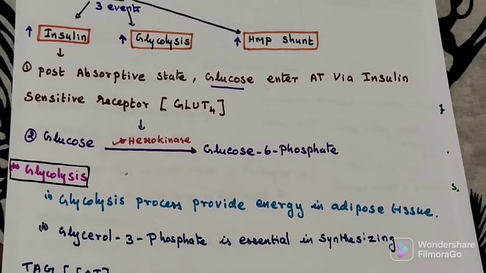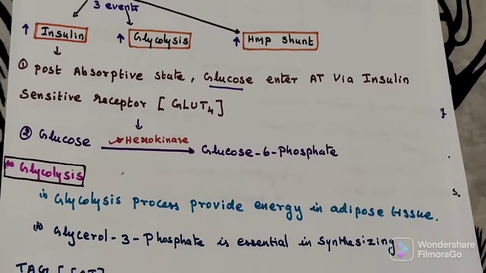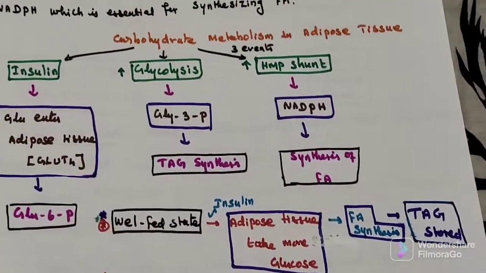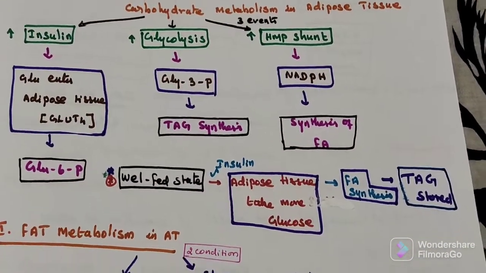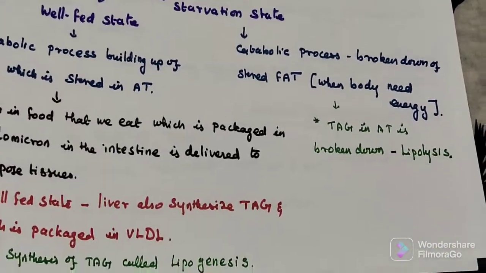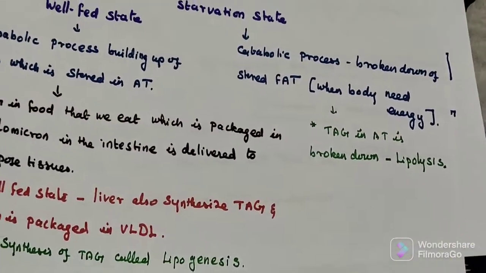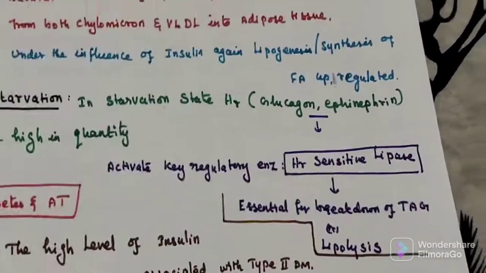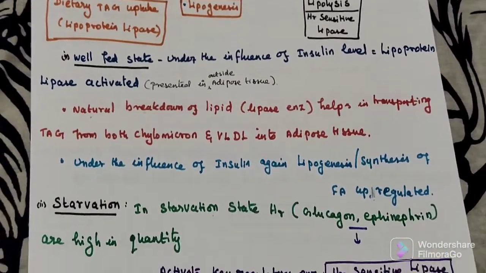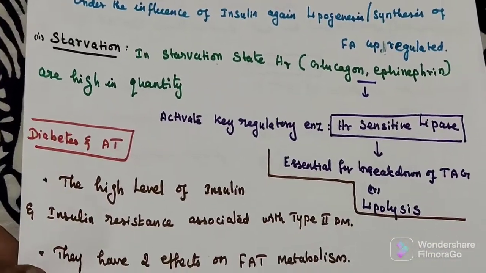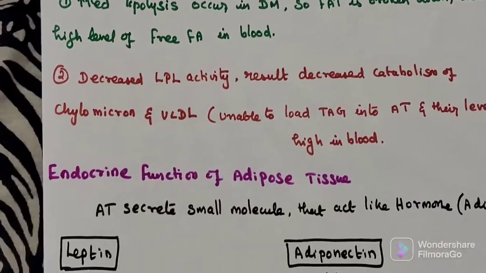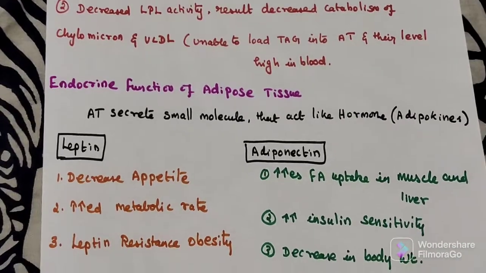Three events: increased level of insulin, glycolysis and HMP shunt. Then well-fed state. Then fat metabolism in adipose tissue: anabolic reaction, catabolic reaction. Starvation, diabetic condition. Then last one is endocrine functions of adipose tissue.